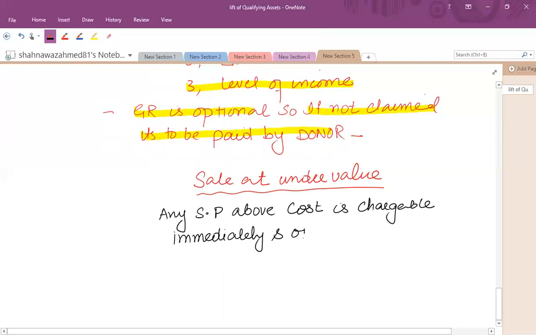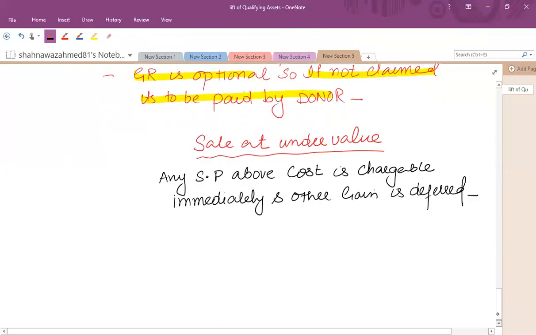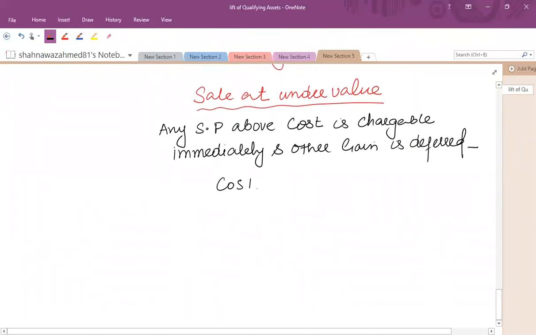and other gain is deferred as a gift relief. For example, the cost of the asset was, say, suppose 50,000.